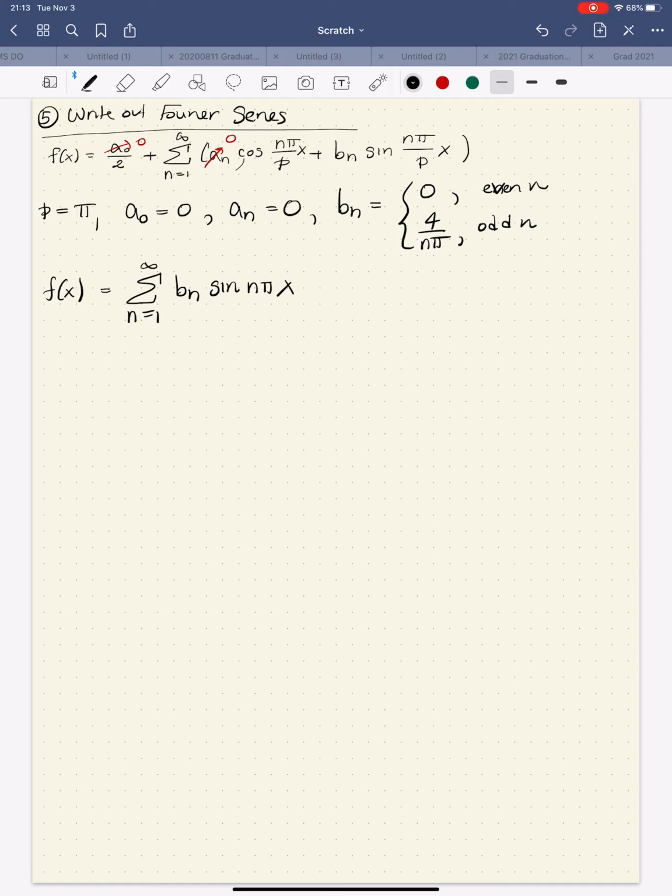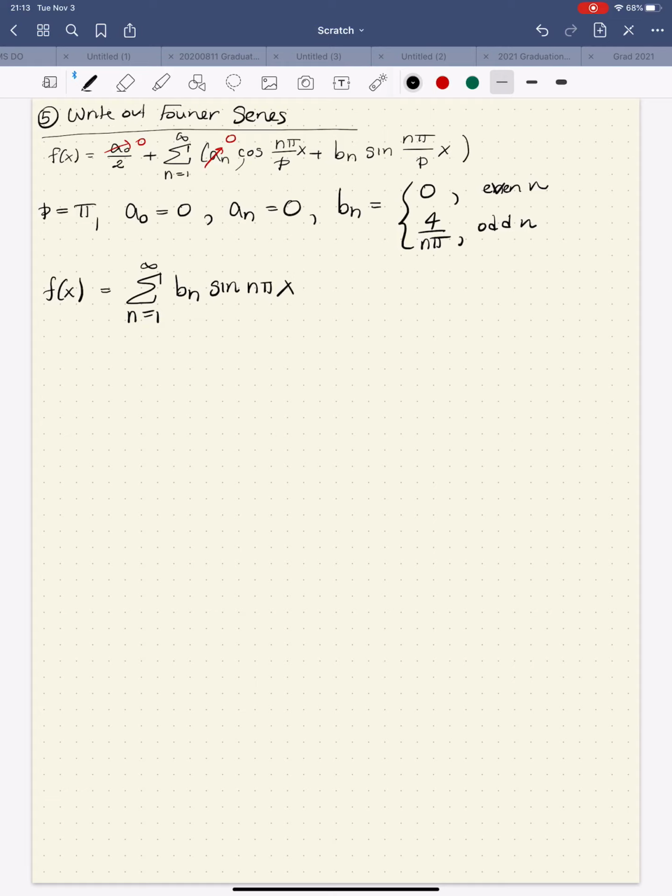Now, one thing that you could do is you could just restrict in the summation that n is odd. This is not probably the best idea, just because if you have sines and cosines, you can't do that.